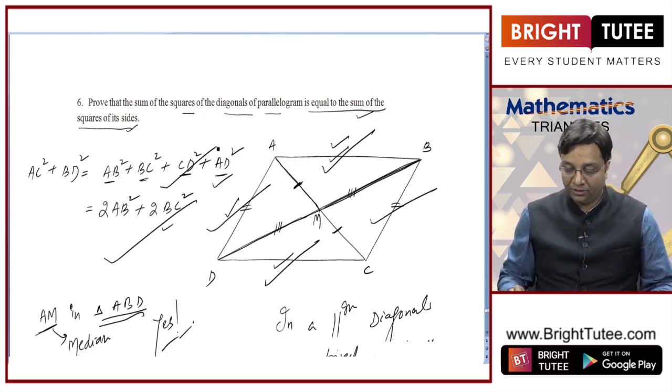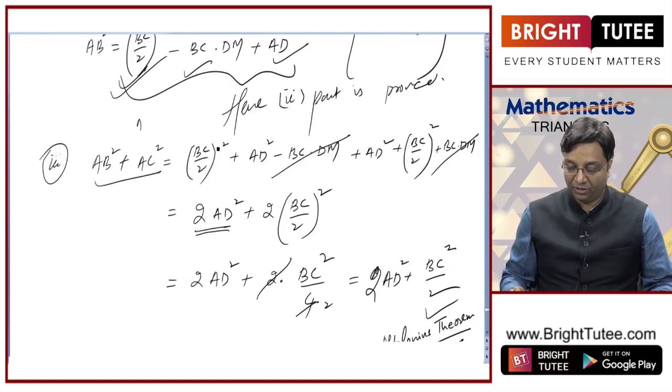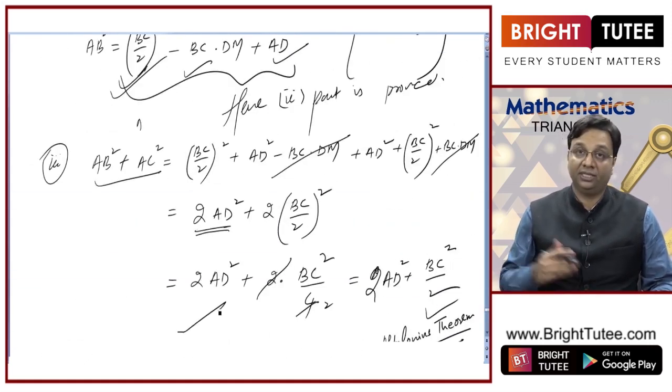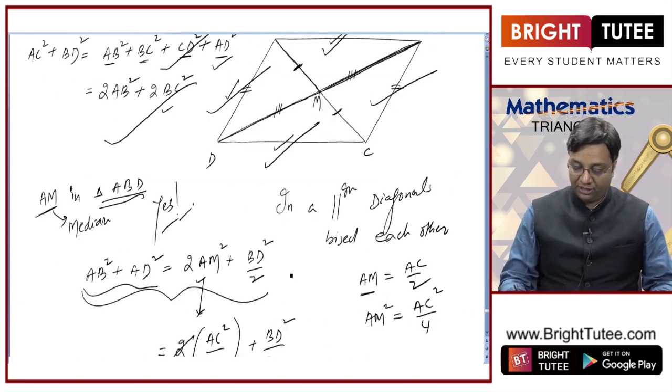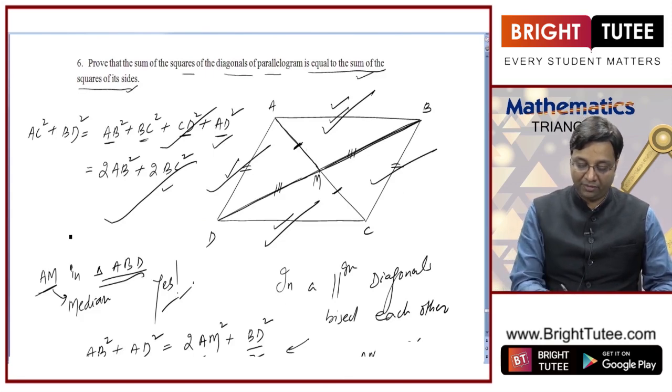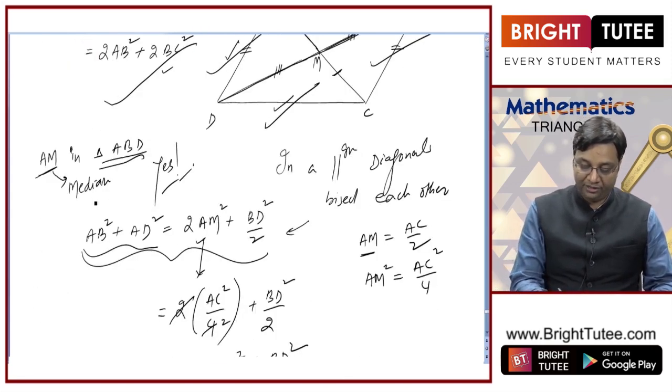Okay. So I just used the theorem, or the result that I proved in the question above, to prove this. If you want to use this result as it is, you can also say by Apollonius theorem, right?